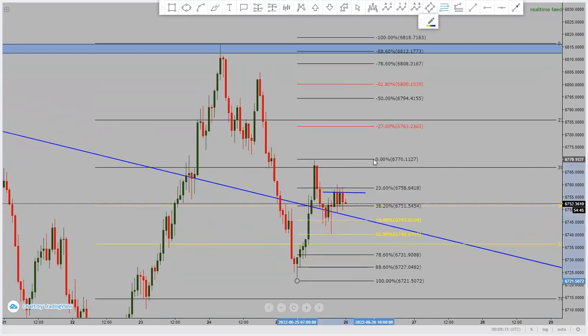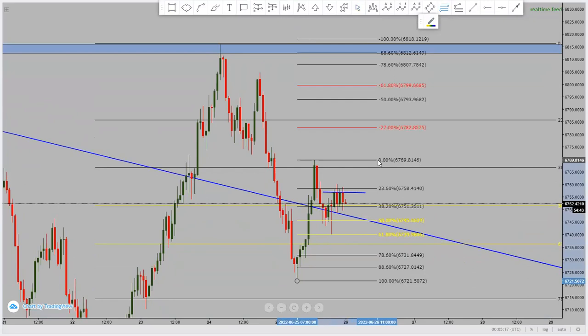It's allowed to do that. If you check this Fibonacci, price bounced on the 61.8 and it still hasn't reached this 0%.